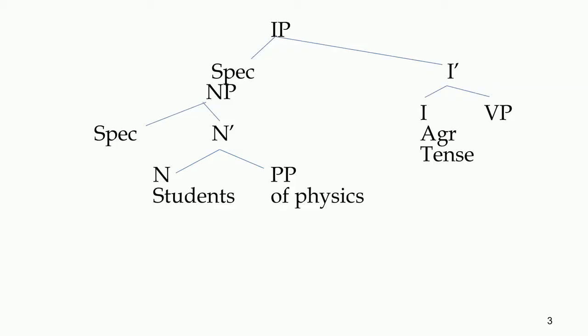So, here is an elaborate picture of what is the subject, what comes in the subject position. We can simply leave it as an NP, or if we want to expand that NP, this is how that gets expanded. Then what we represent here is that in place of the head of the whole sentence, which is I, we can put tense, agreement, and all other features like number, person, and gender, which can be bundled together with agreement.